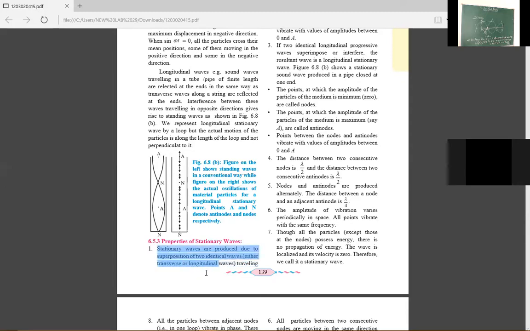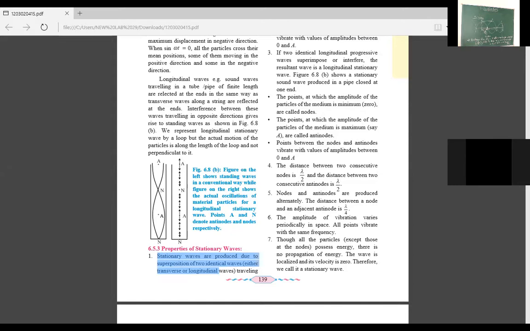Everyone knows that when two waves are traveling on a same path in opposite direction, then we get a stationary wave.